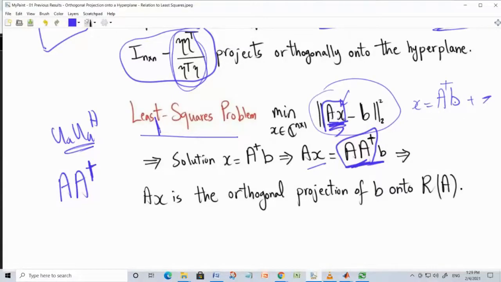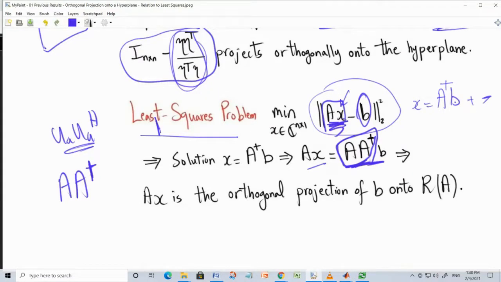If you take Ax, it's like you are projecting the given vector b along the column space, or the range, of matrix A. These two matrices, A multiplied by the pseudo inverse of A, form a projector.